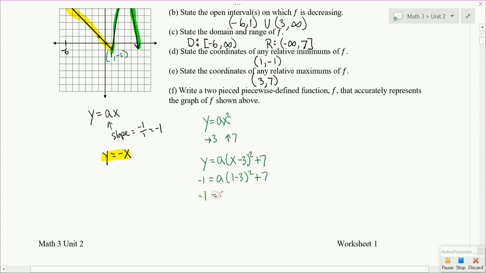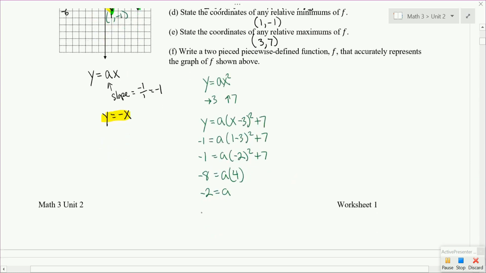And solve for a. I'm going to subtract 7 from both sides, then divide by 4, and we get a is negative 2. So our second function is y equals negative 2 times x minus 3 squared plus 7.